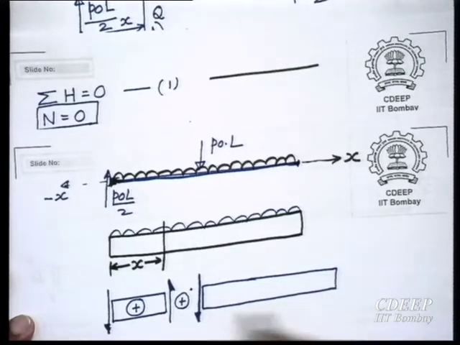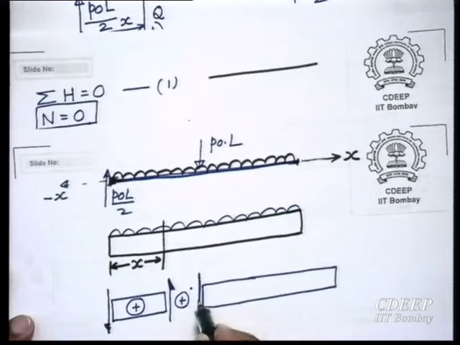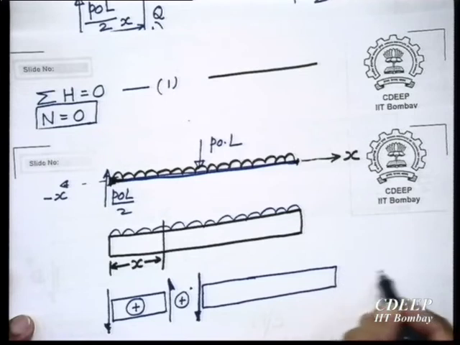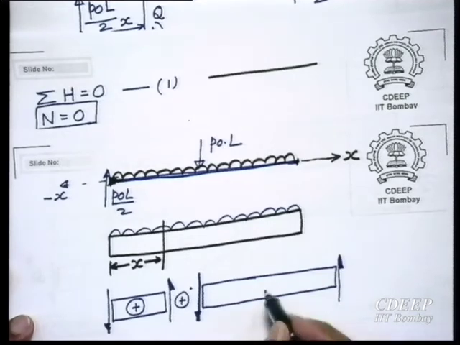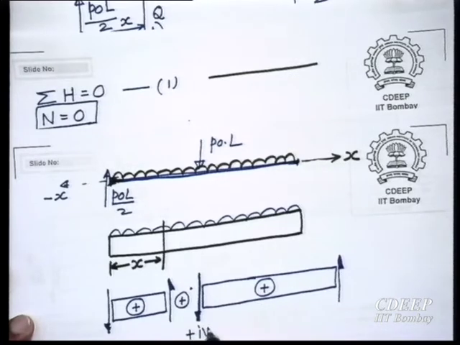On this longer member, on a negative x face, the shear force positive is downwards, and on the positive x face, positive shear force is like this. So, this is also showing positive. So, these are the directions of positive shear force.